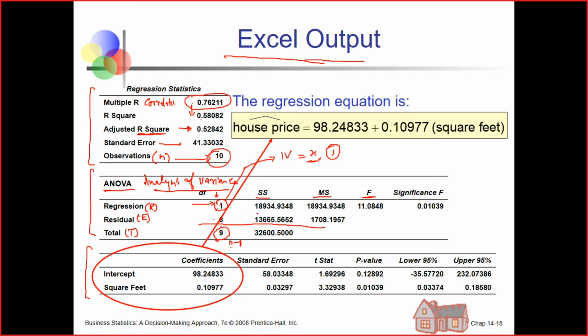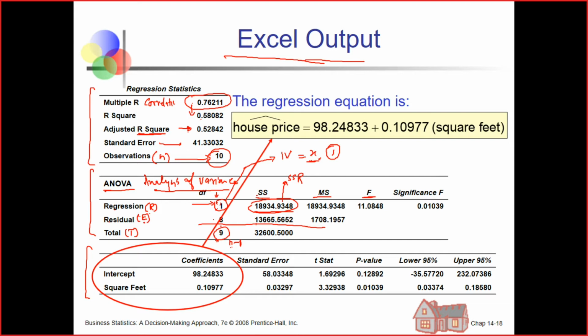Now this software will calculate some values. These are called SS, sum of squares. This first value is the sum of squares of regression, so it is called SSR.